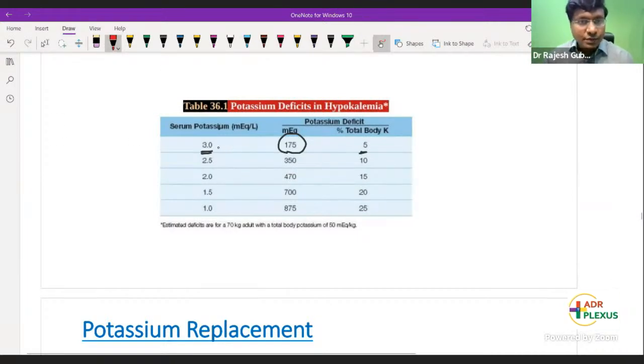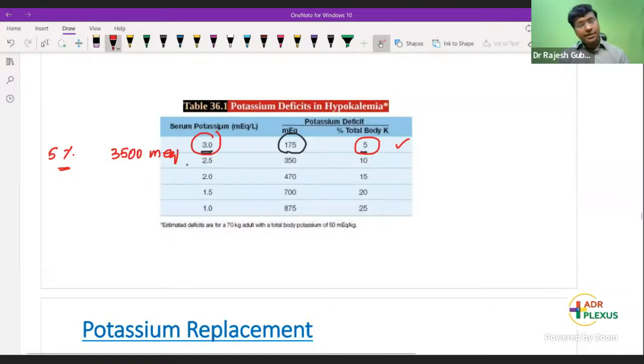So now, for 3 milliequivalent per liter, how much is the percentage of potassium loss? It is like 5%. So 5% of 3,500 milliequivalents, right? 5% of 3,500 milliequivalents.